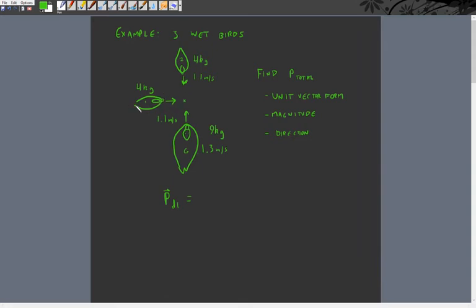Well, it's going to have 2 components, right? So it's moving to the right, in the positive x direction, but it's not moving in the y direction. So it has no momentum in the y direction at all.